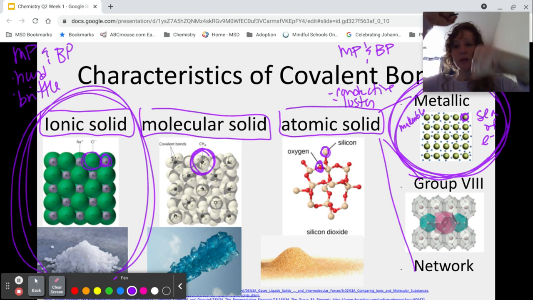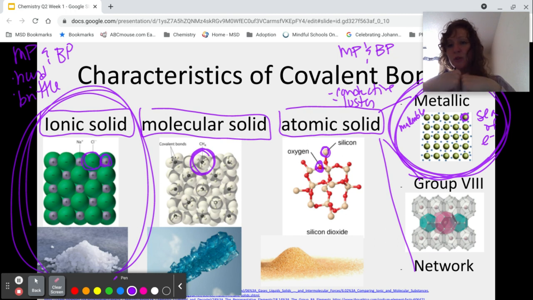If you hit this with a hammer and these atoms misalign, the electrons are just going to shift and it's going to stay in that shape now. So metals are bendable because the sea of electrons can ebb and flow, whereas ionic solids are not bendable. You misalign those ions and they fracture apart. And so its distinct structure is going to give rise to all of its crazy properties.